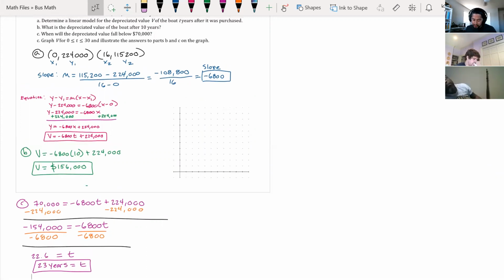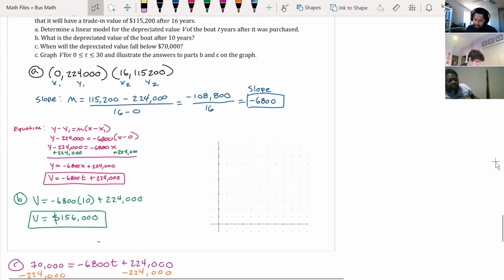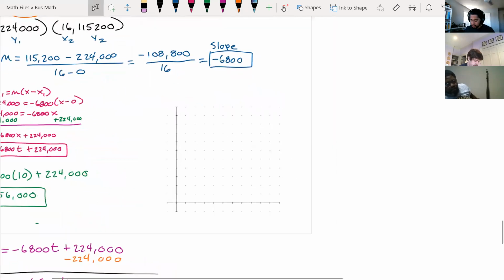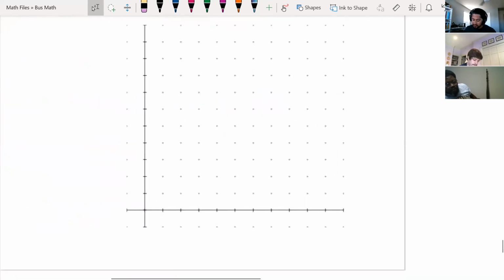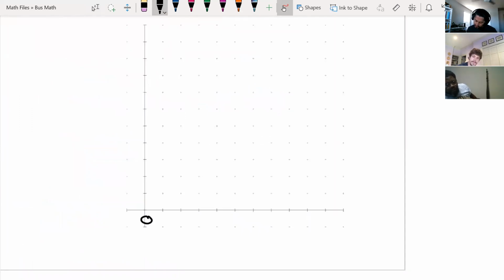We have enough information. So first off, part D is telling us we have to make our x-axis, or in this case, our t-axis, go from 0 to 30. So let's look at the x-axis down here. I'm going to start with 0 being here, and maybe I can go by 5s. 5, 10, 15, 20.